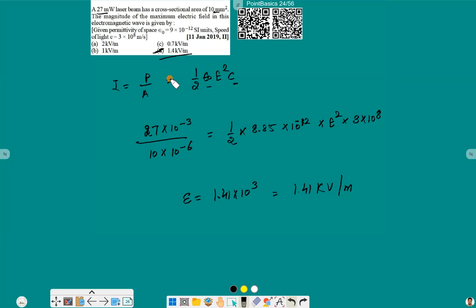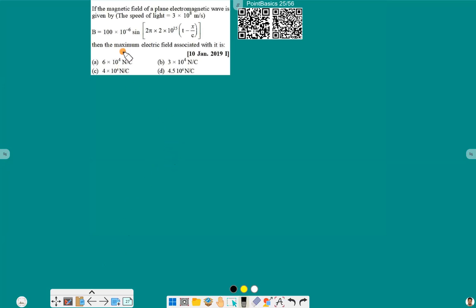Now let us move to the next one and the last question for today's video. If the magnetic field of a plane electromagnetic wave is given by this relation, find the maximum electric field associated with it. So we know that velocity is equal to electric field by magnetic field in magnitude, and here it is already mentioned that the wave is moving with the speed of light, that is 3 into 10 raised to power 8.